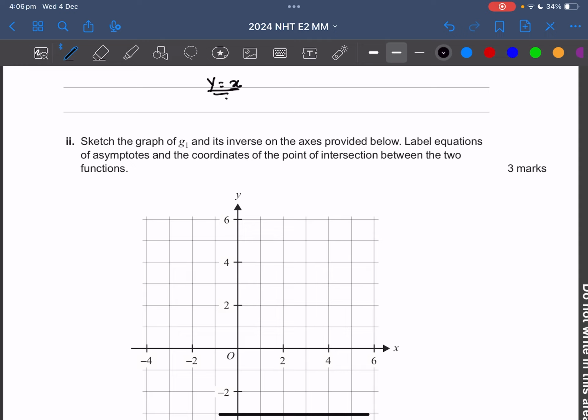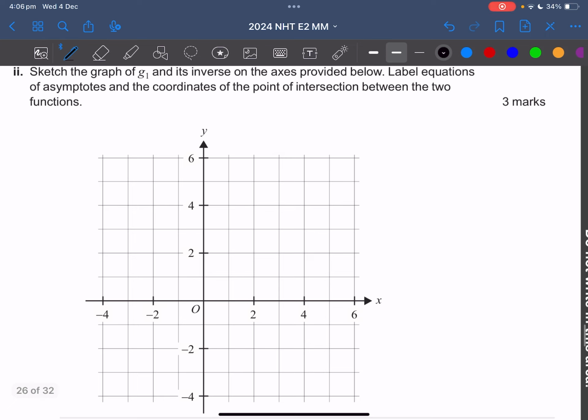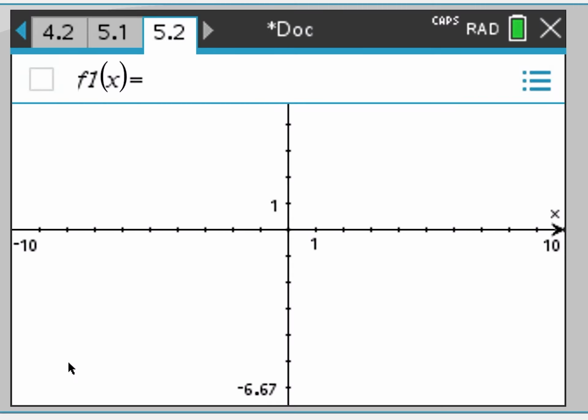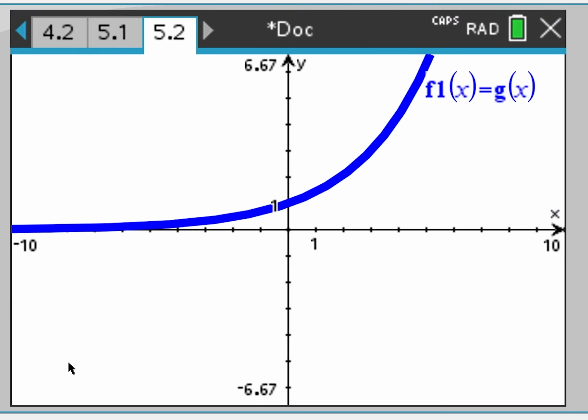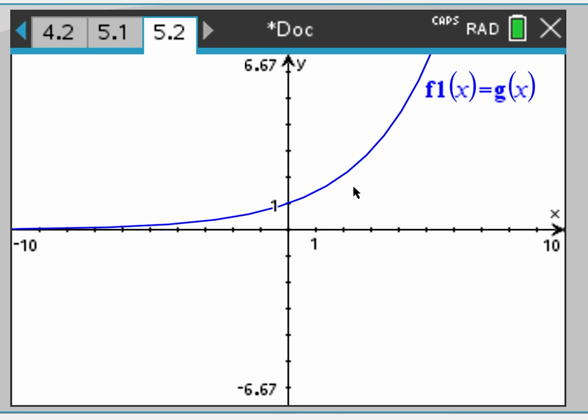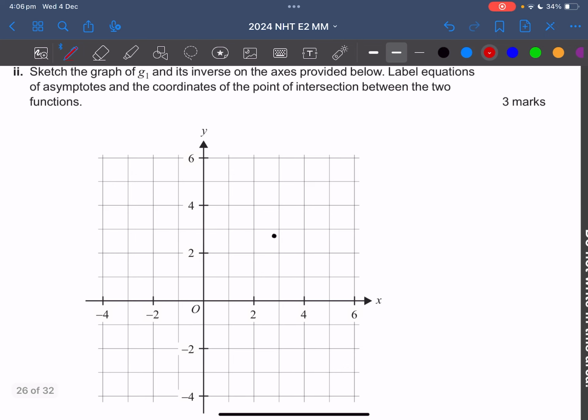So let's label that point first. 2.718, so somewhere here. Actually, it's too far, maybe somewhere here. Okay, so that is going to be our intersection. Let's plot the graph of g, so control I2, g of x. Okay, so g of x is going to be this over here. Our asymptote we can see is y equals 0, so let's draw that on the graph.